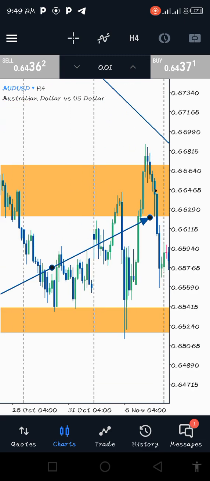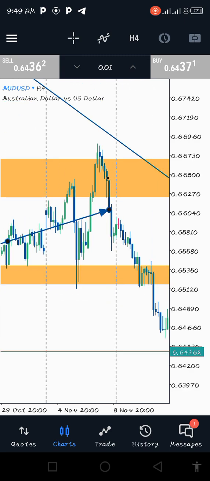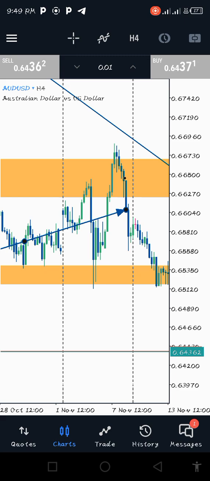Let's see. Because we did not anticipate a change in character from this zone. Price reacted from this zone and gave us a change in character, but we were not expecting a change in character from this zone, so we could not be changing our bias to bullish.